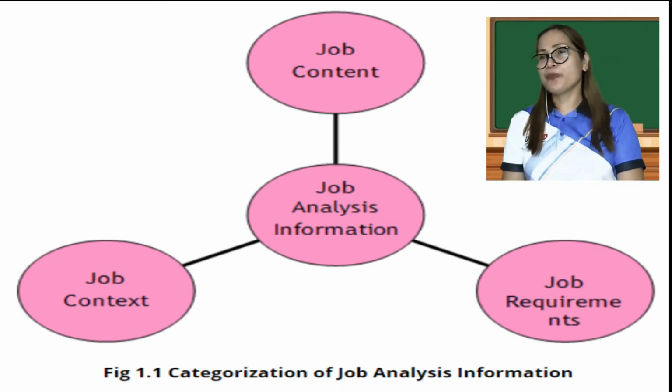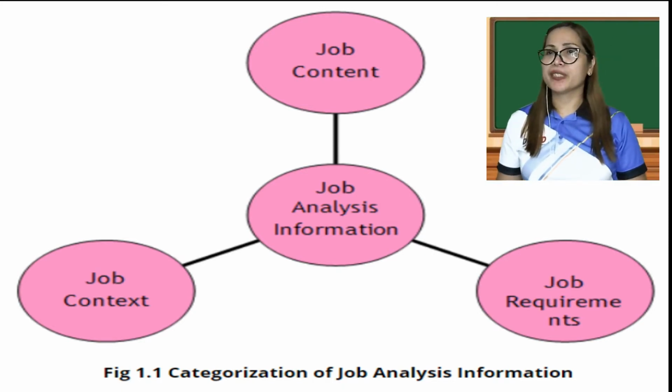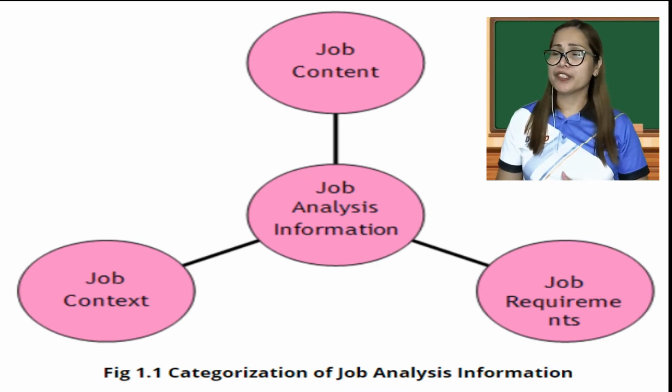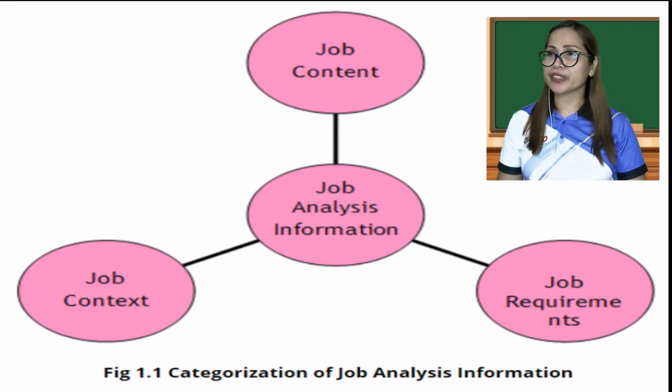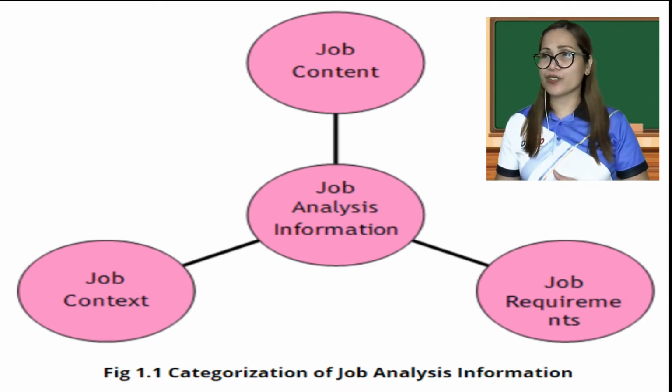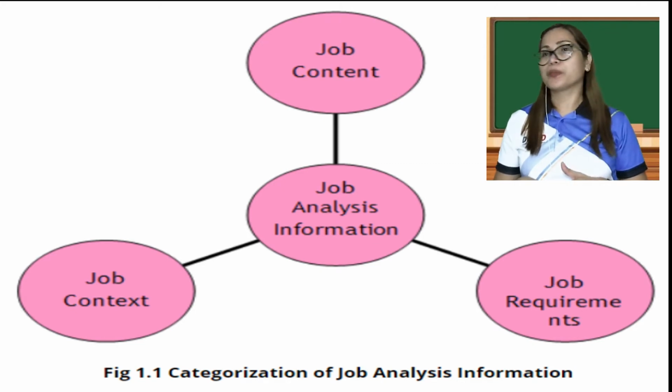The content depends upon the type of job in a particular division or department. For example, job content of a factory line worker would be entirely different from that of a marketing executive or an HR personnel. Job context.